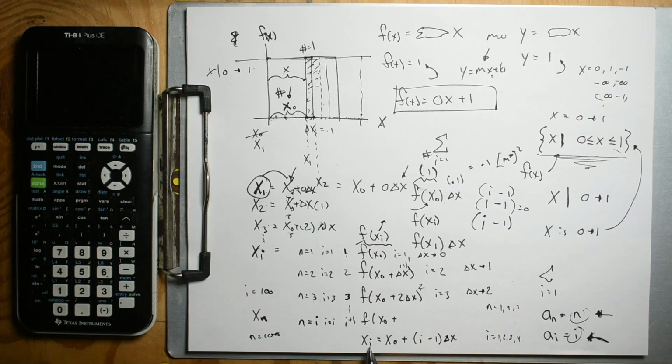And so if this was the 100th term, I would have 99 delta x plus x naught. And so that checks out. If I is the second term, 2 minus 1 is 1. And then we see right here, this is the second term, that's what we get. So here is our general equation.